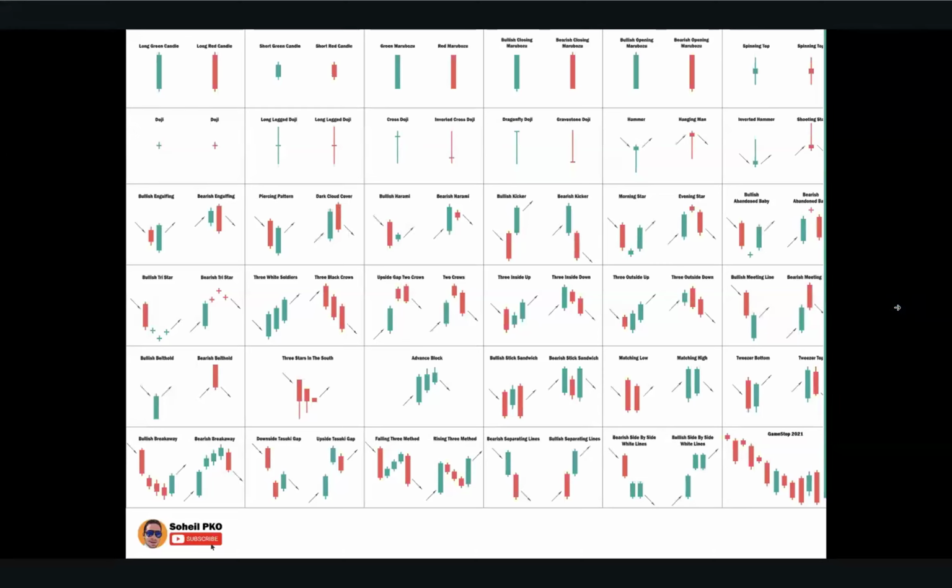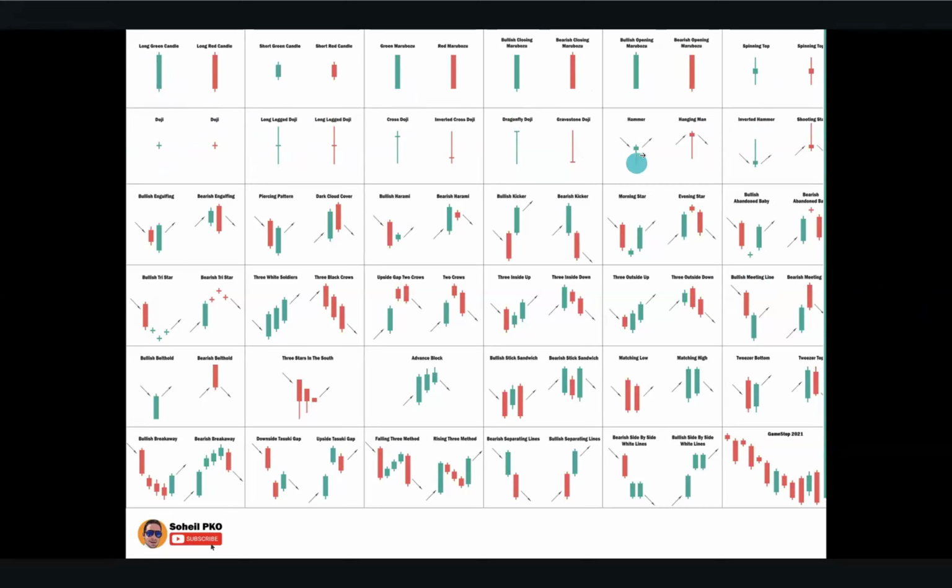Right here are just some more signals that can help you along. So we have the long red candles, the short candles, and so on and so forth. We have the doji candles, which have a very little body but very long wicks, and it lets you know it's about to change direction.